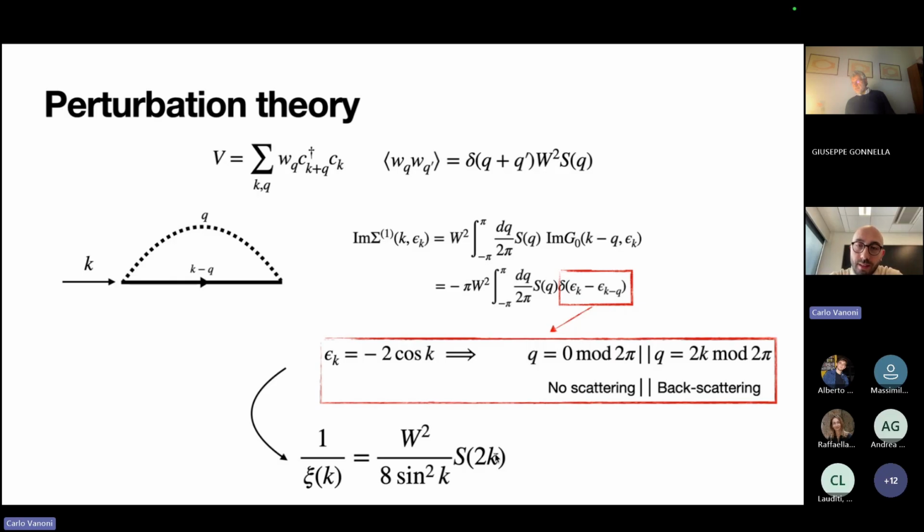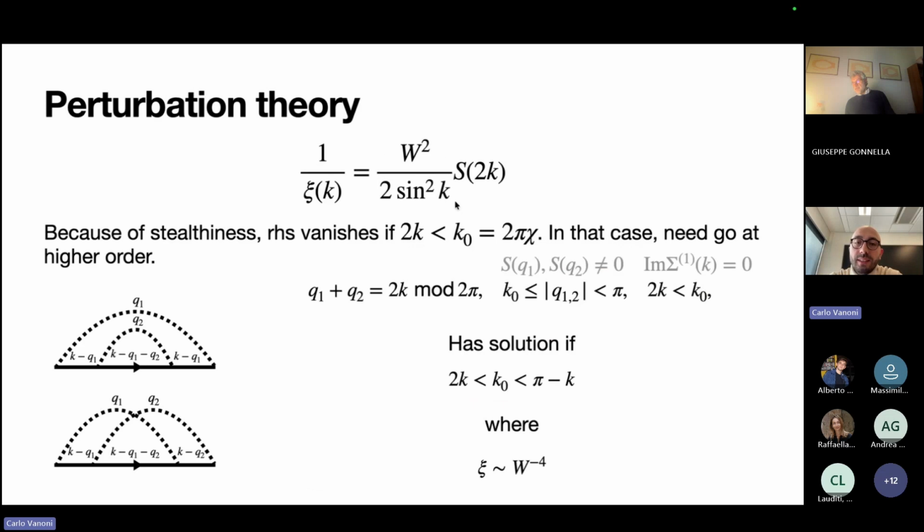But what the stealthiness gives, which is non-trivial, is that this S of 2k can be 0, because if it lies in that region where we set it to be 0, you have no contribution at this order in perturbation theory, and so you have to look at the higher order term. So you can see that this contribution is proportional to W squared, which is what you would get in the usual case. If this one is 0, you would get something different, and this is what we find quite interesting.